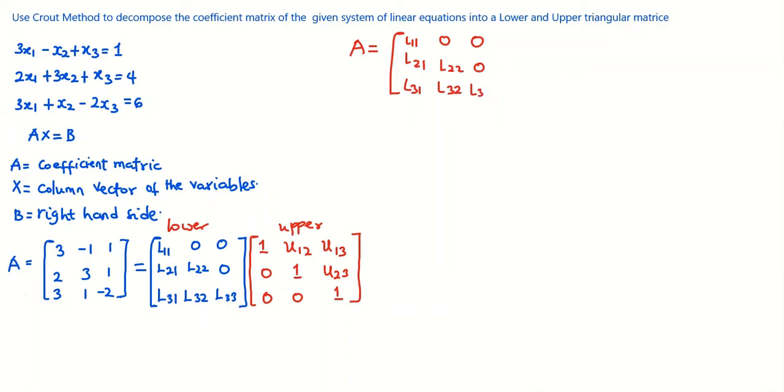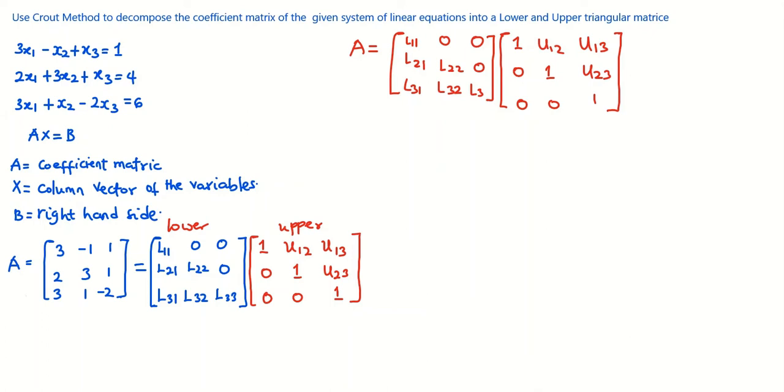That's the lower triangular matrix, and then an upper triangular matrix, which is 1, U12, U13, then 0, 1, U23, and then 0, 0, 1.